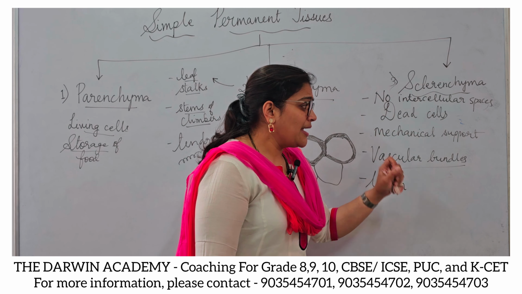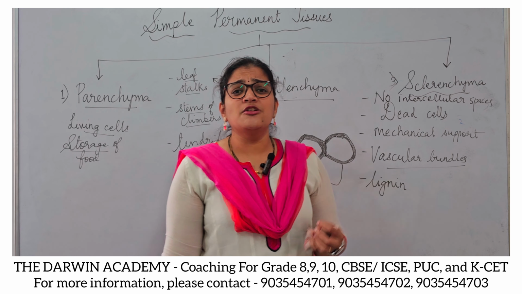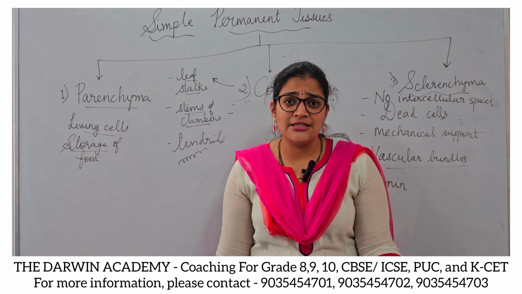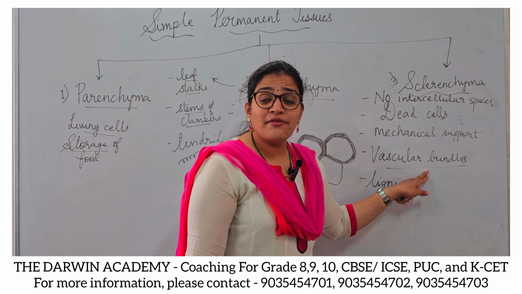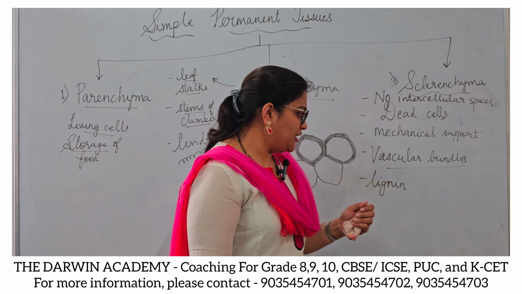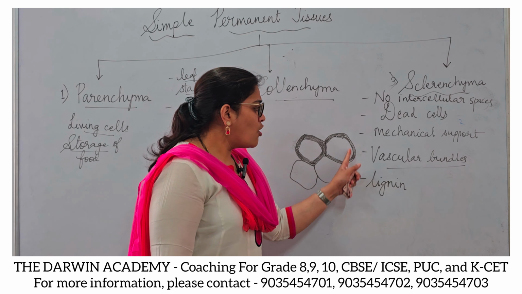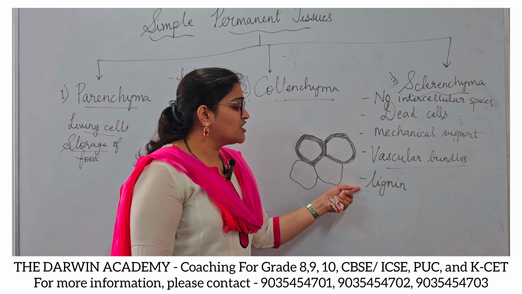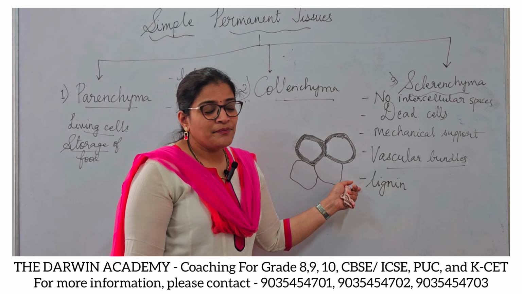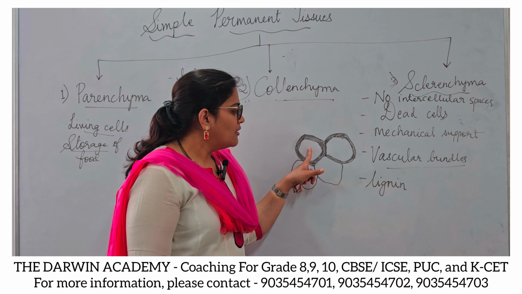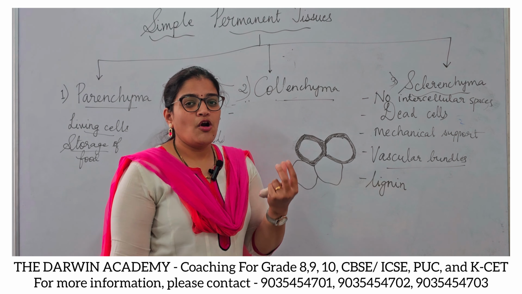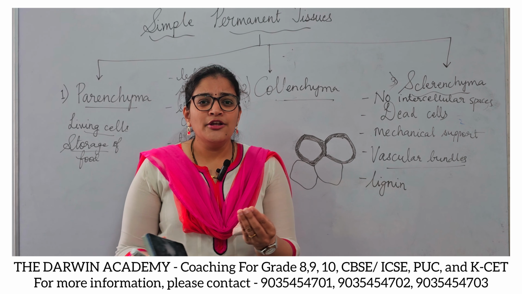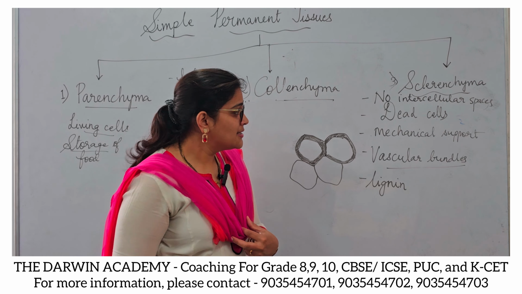These sclerenchymatous tissues are mainly present very close to the vascular bundles in the plants. We will see what vascular bundles are in the upcoming videos. The walls of the sclerenchyma cells are deposited with a substance called lignin, and as a result, the cell cavity or lumen reduces considerably in size.